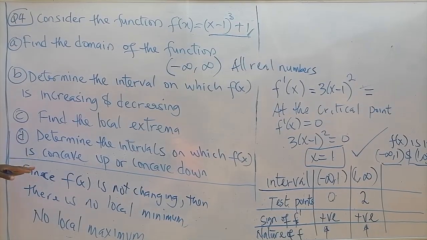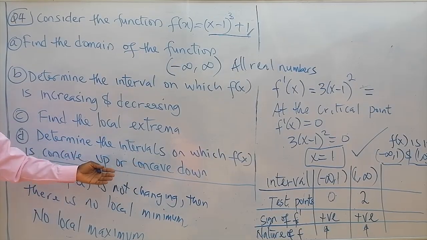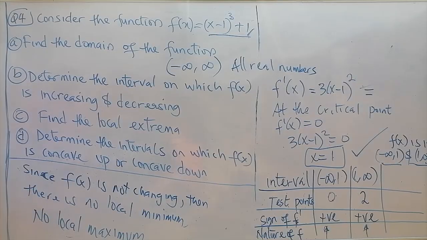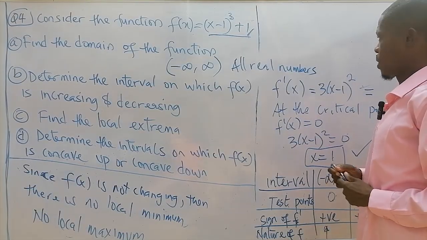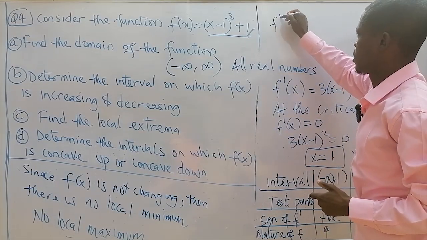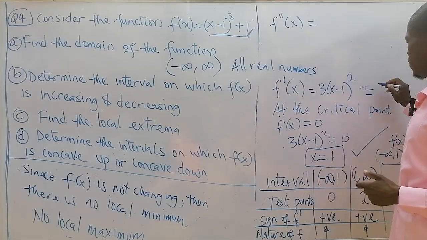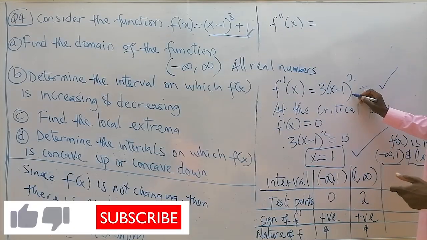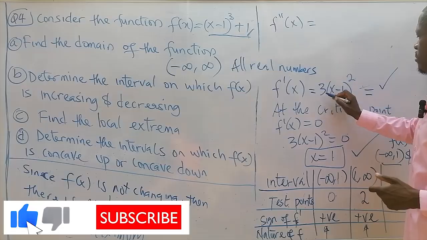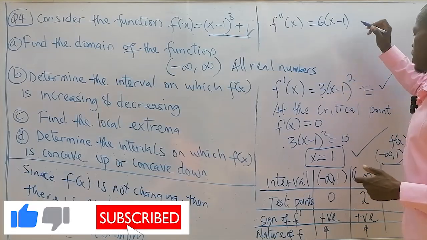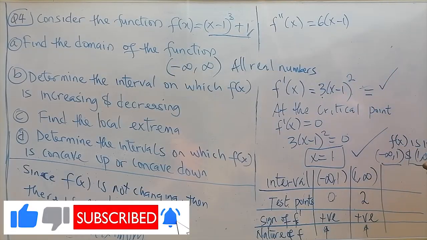Then the D part, we want to find whether f of x is concave up or concave down. So let's see how to do that. For concavity, we are going to find the second differential of that function. We got the first differential. The second differential will be this one times this, and then the power minus 1. So we have this for the second differential.